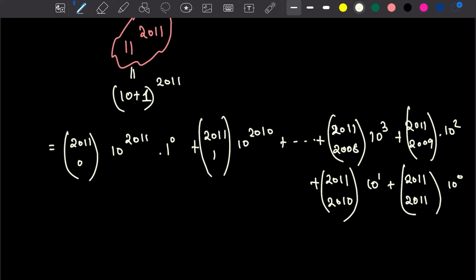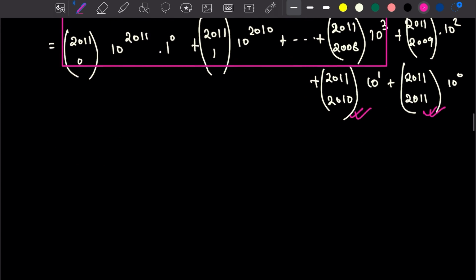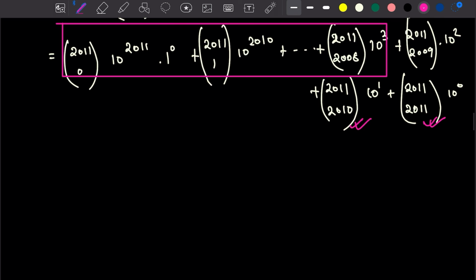Alright, so notice again that up to these terms, we have 10 to the power 3 or more multiplied, so the last 3 digits of them will be 0, 0, 0. We just have to focus on these 3 terms. So what are these 3 terms?